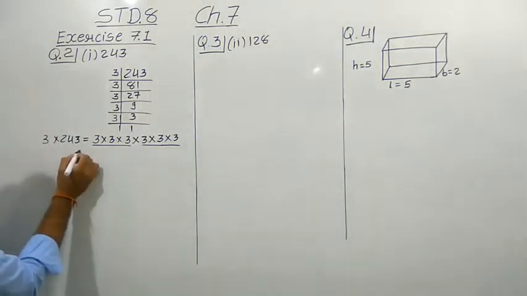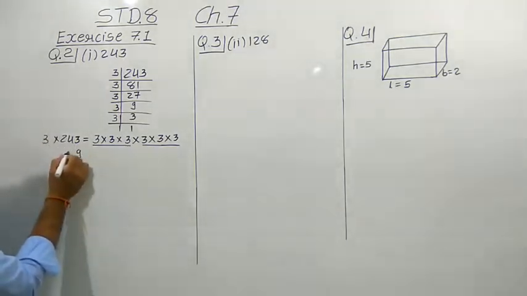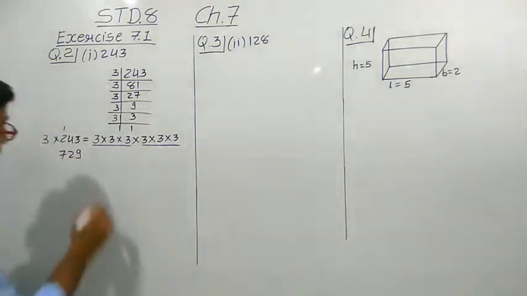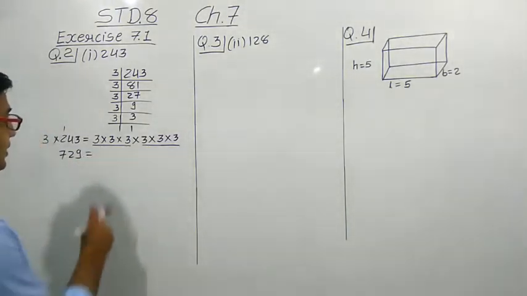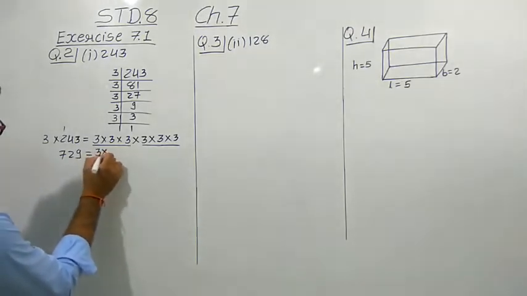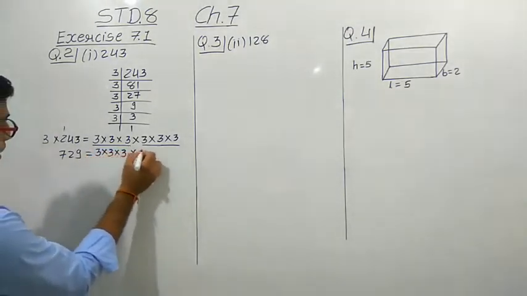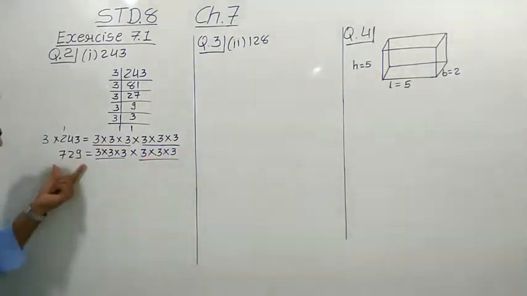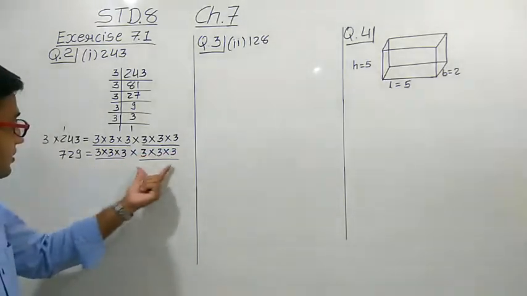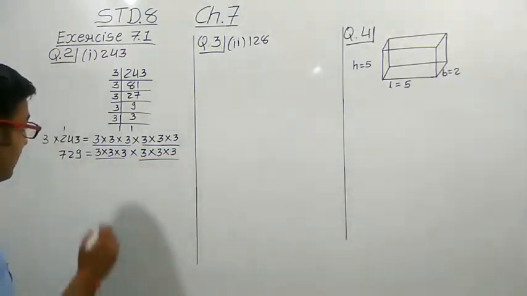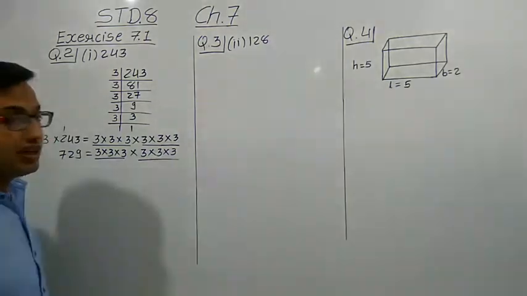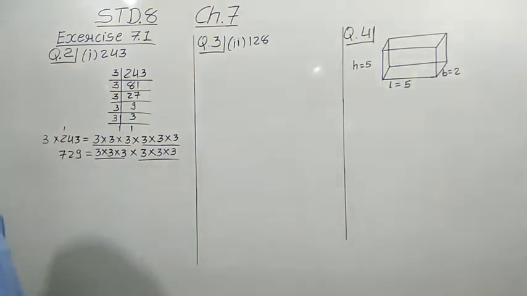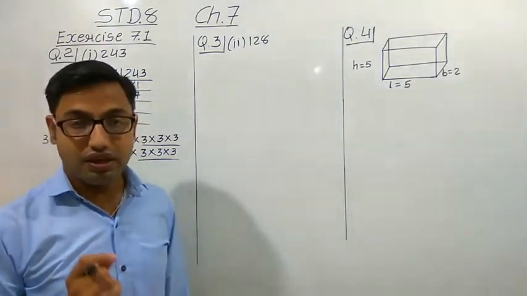Here we get 3 3s are 9, 3 4s are 12, 1 is the carry, 3 2s are 6, plus 1 is 7, so 729. So here we get the same factors, 3 into 3 into 3 and 3 into 3 into 3. So the prime factorization of the number 729 is such that we can make groups of three same factors, right? So now this 729 becomes a perfect cube number, right?